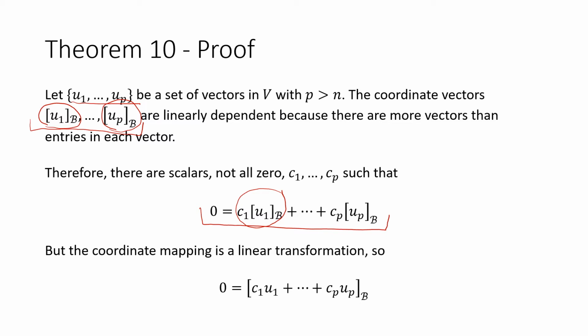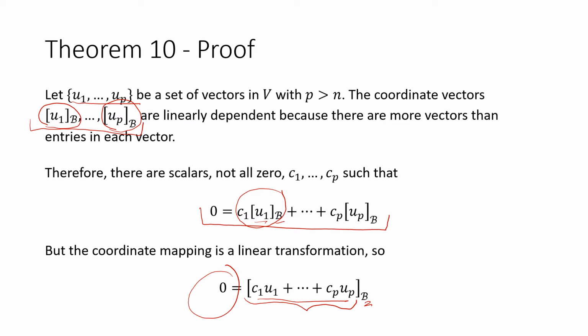So since this is a linear transformation, we can combine them to get that. Basically, the linear transformation means that scalar multiplication and vector addition is preserved. So instead of taking each vector and doing the transformation on it, we can combine all the vectors first and then do the transformation. We get the same exact thing. And that's equal to 0.